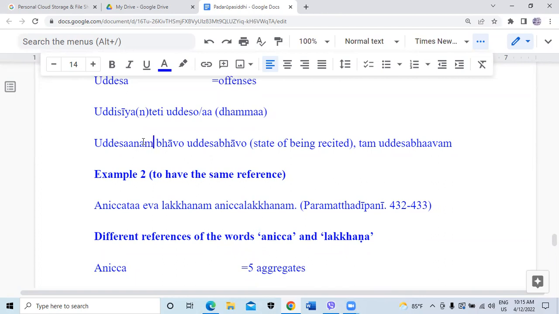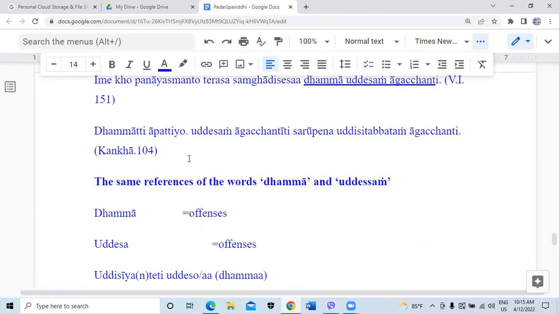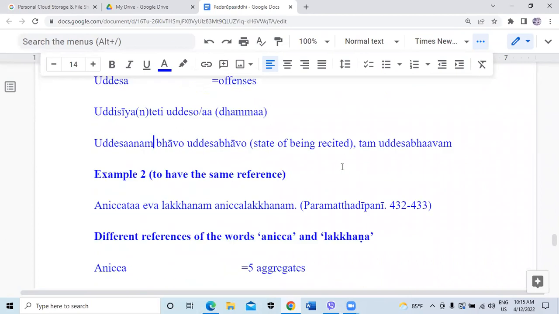So, Odesa. We make Vigha: Odesassa Bhava. This Odesa Bhava, is it Jati or Guna or Kriya or Nama? It's the Kriya, right?